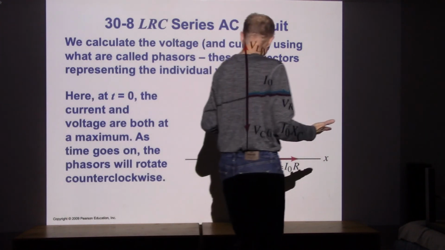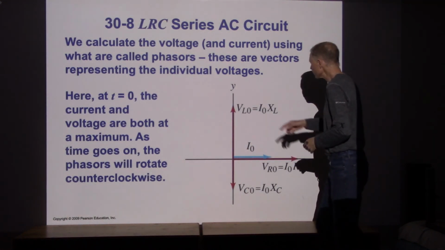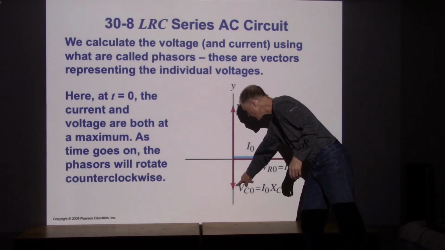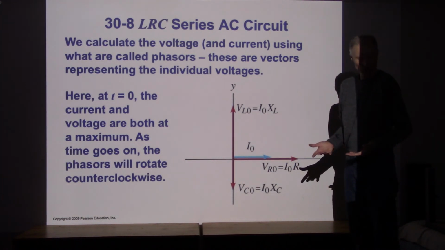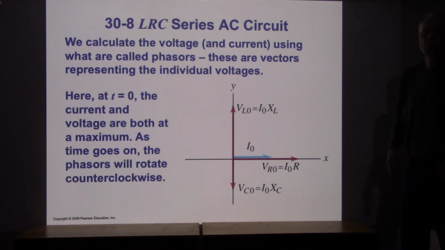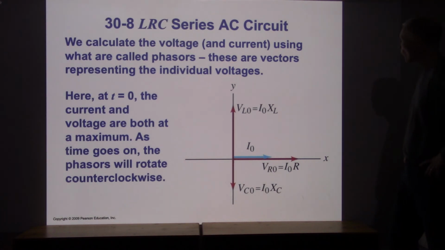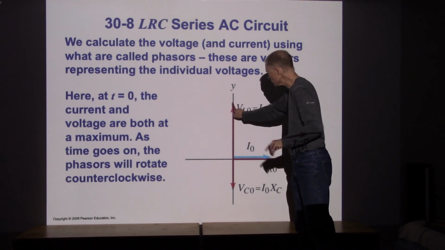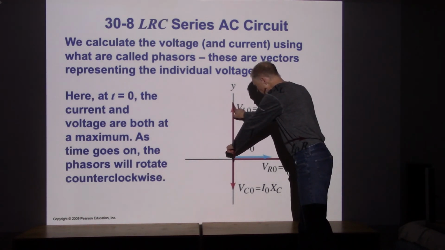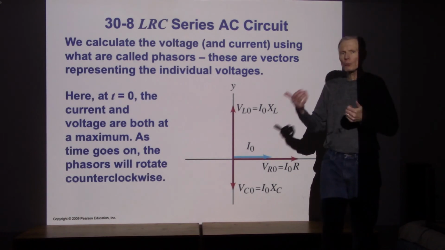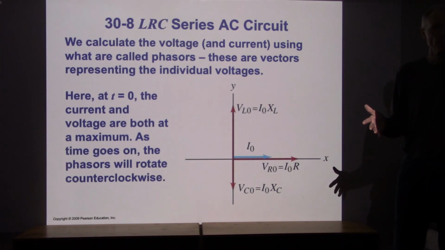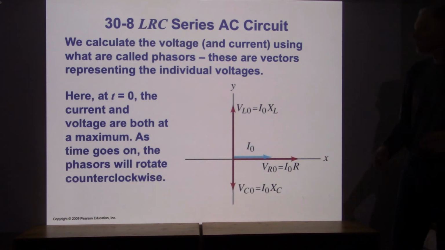Now, to add all of the voltages together, we add these three together, the same way we would add vectors using Pythagorean's theorem. So you can see from this diagram, the voltage across the inductor and the voltage across the capacitor oppose each other, and so the net voltage across both is the difference between the two.